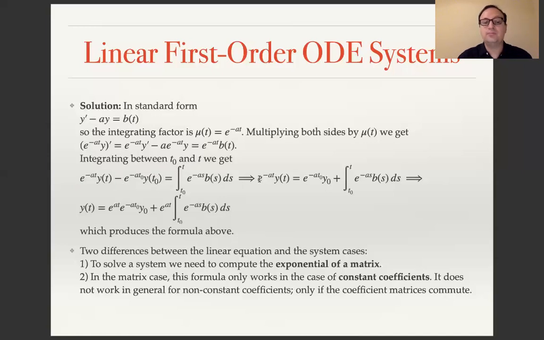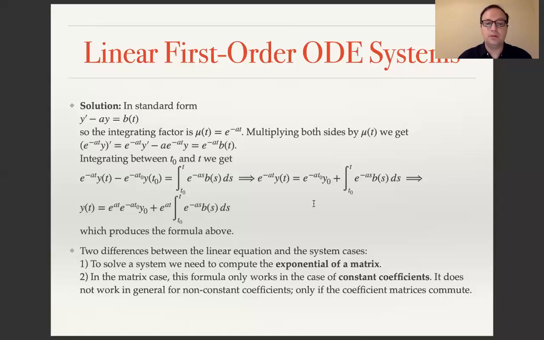So then let's move e to the minus at0 y of t0 to the other side, and we get e to the minus at y of t is equal to e to the minus at0 y of t0, which is y0, plus integral from t0 to t e to the minus as b of s ds.